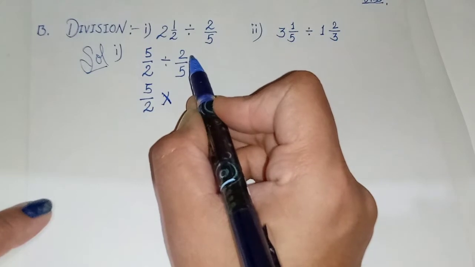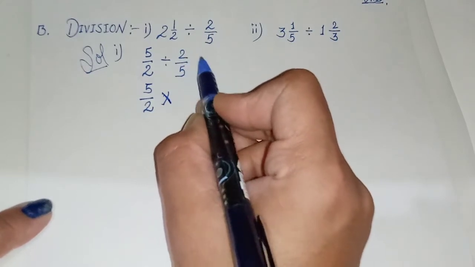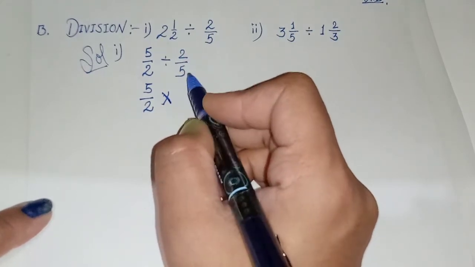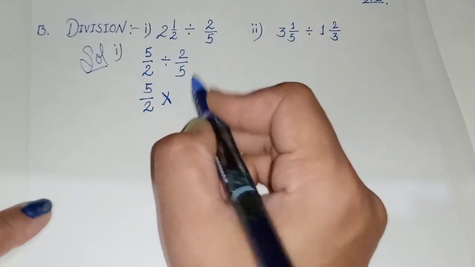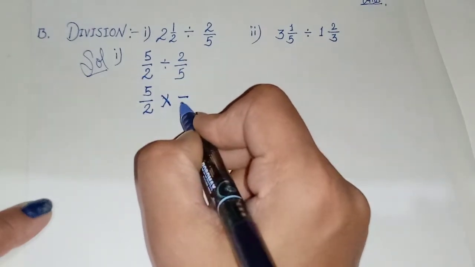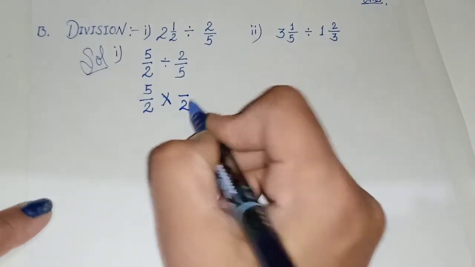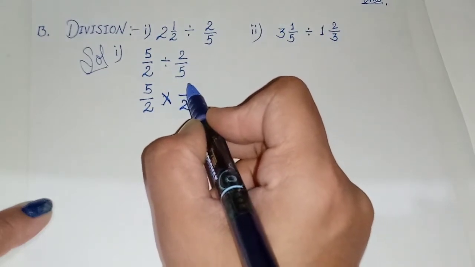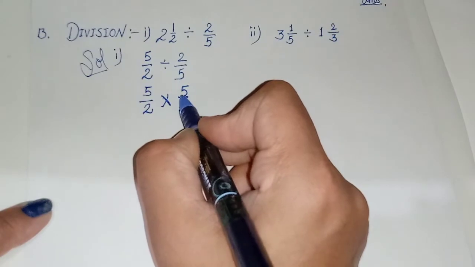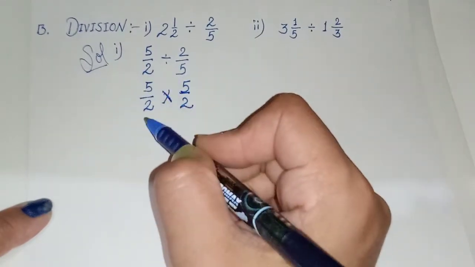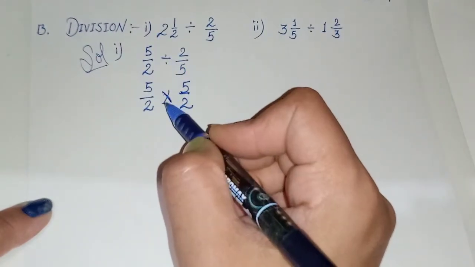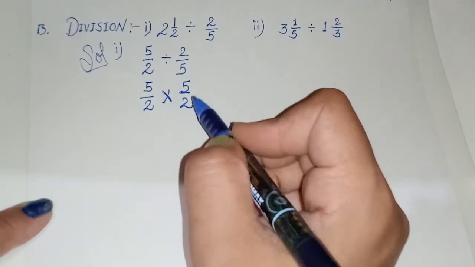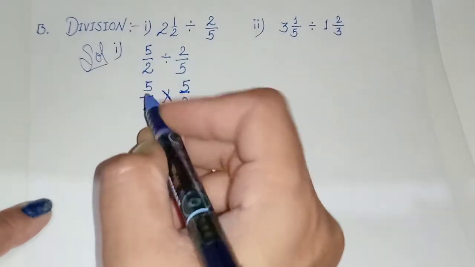What is the rule of reciprocal? In reciprocal, numerator and denominator are interchanged. As we have 2 as the numerator, now this 2 will be the denominator. And here 5 was the denominator, so now this 5 will be the numerator. First fraction as it is, divide turns to multiply, and then the second fraction's reciprocal you have to write.